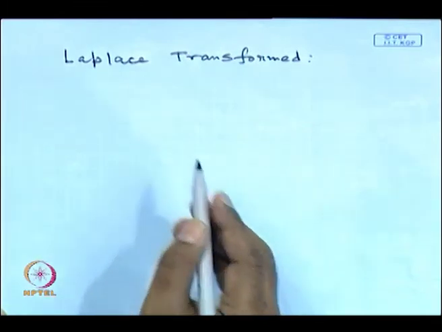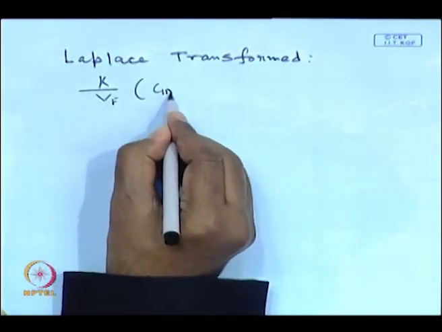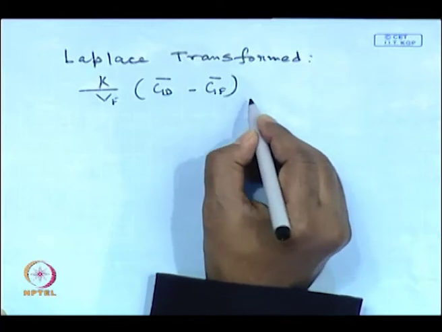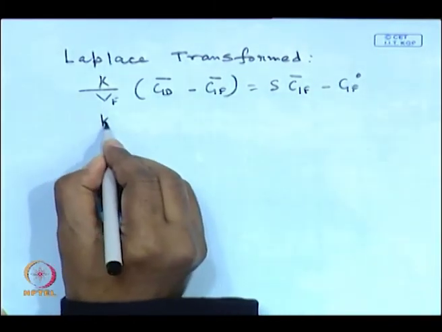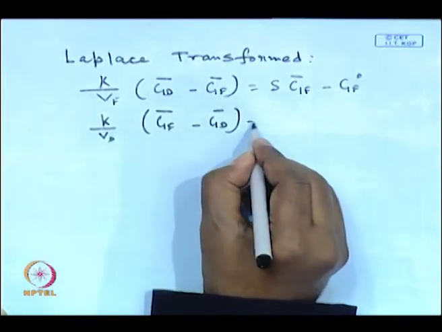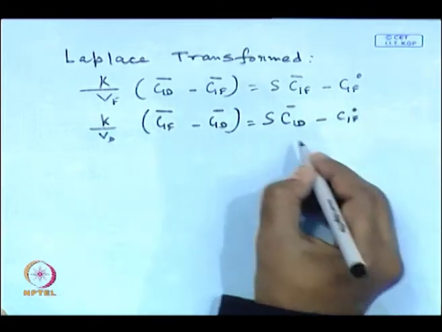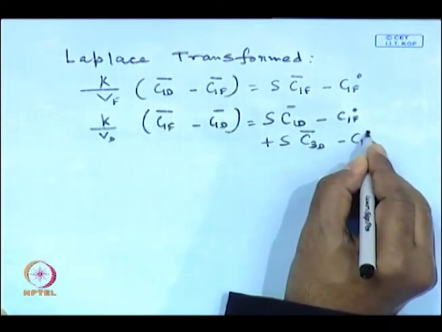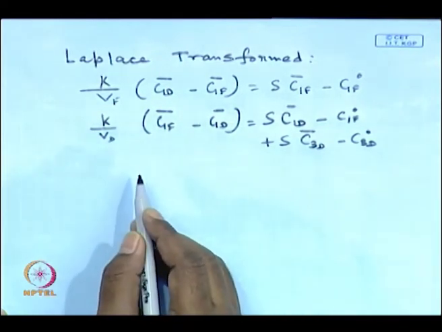If you take the Laplace transform, the following two equations result: k over Vf times (C1d bar minus C1f bar), where the bar stands for the transformed quantities, equals S C1f bar minus C1f naught; and k by Vd times (C1f bar minus C1d bar) is equal to S C1d bar minus C1d naught plus S C3d bar minus C3d 0.